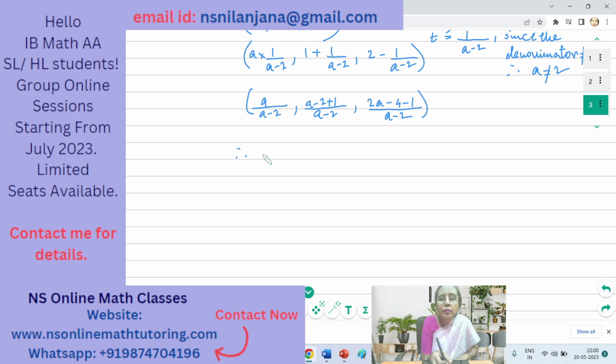Therefore, coordinates of point A will be a over a minus 2.